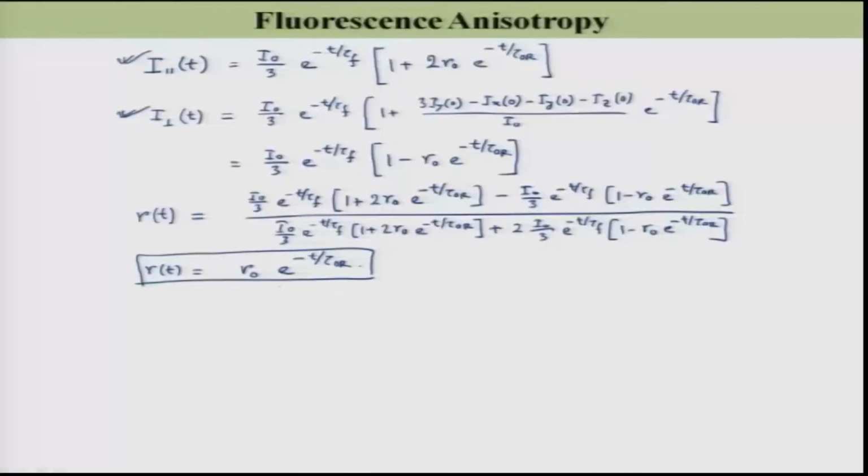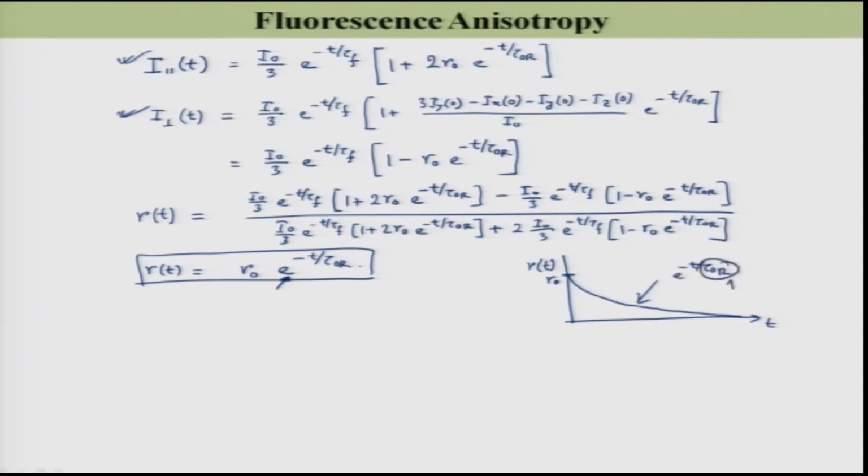See here, I have this e to the power thing. If I now plot r t as a function of t, this will be r 0 and it will be something like this, and the corresponding time constant: you fit it with e to the power minus t by tau r.